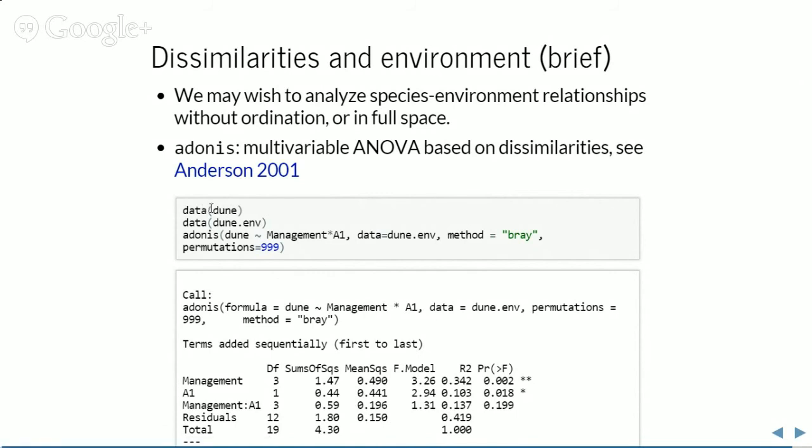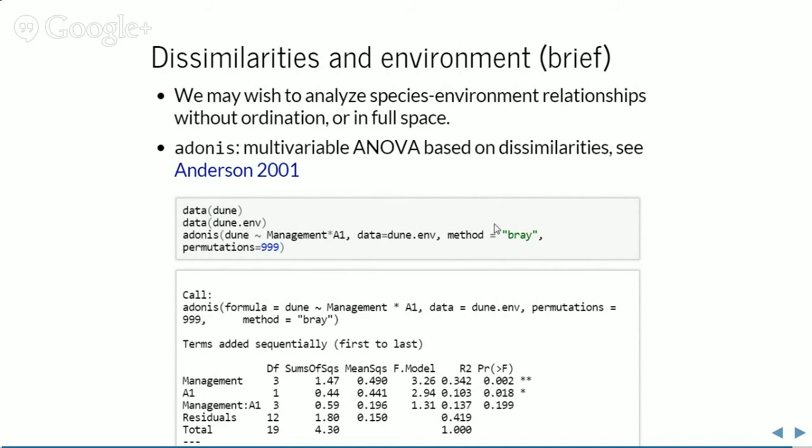Again, just taking some data built into the vegan package, we have the dune data, which is species abundances. There's about 24 variables, and then some environmental variables, including some factors. With the adonis function, we're going to say, okay, here's our response data set, the set of species abundances.